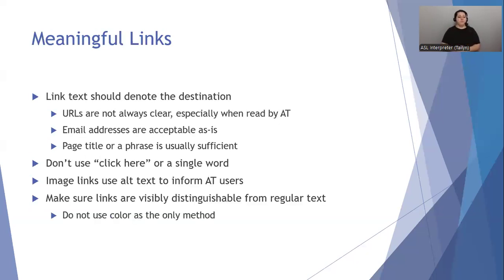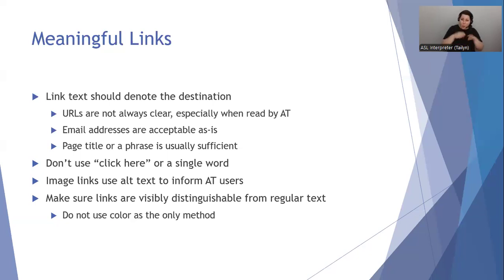Adding on to the meaningful links, link text should denote the destination. We want people, especially in this day and age, to have a very good understanding of what's going to happen when they click that link. In some cases, we might need to tell them if this is going to open in a certain window or something like that.